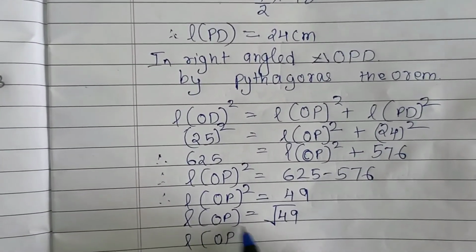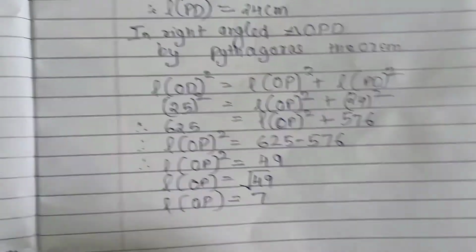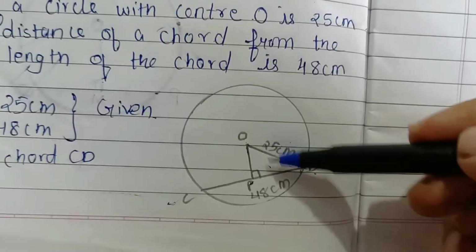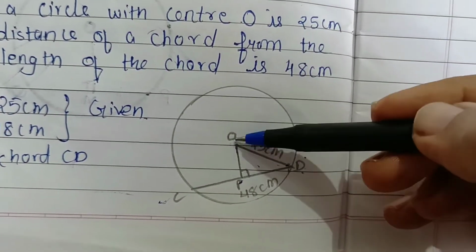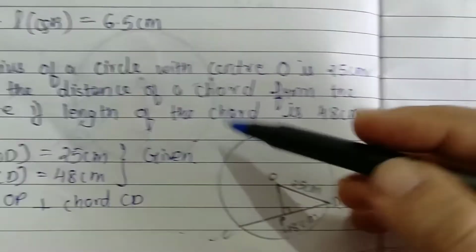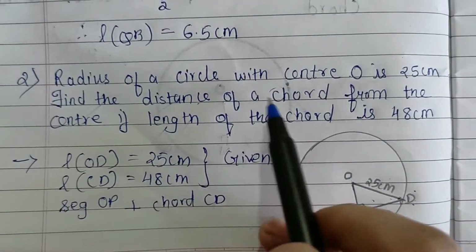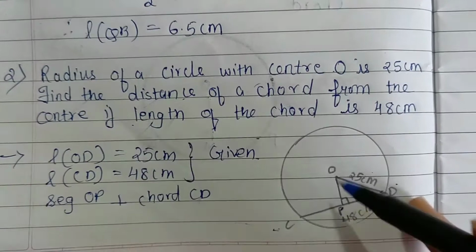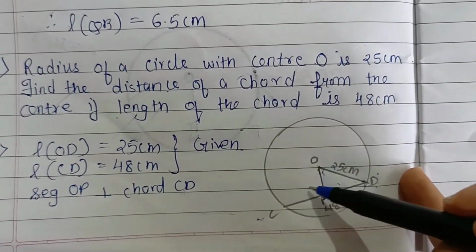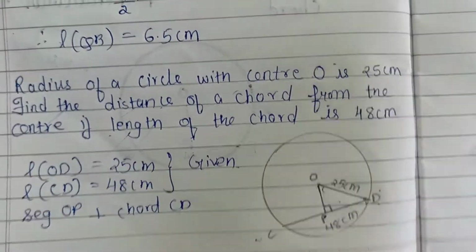Since 49 is a perfect square, its square root will be 7. Using Pythagoras theorem, we have got the length of this segment OP, that is 7 centimeter. So that means the distance of this chord from the center is 7 centimeter.